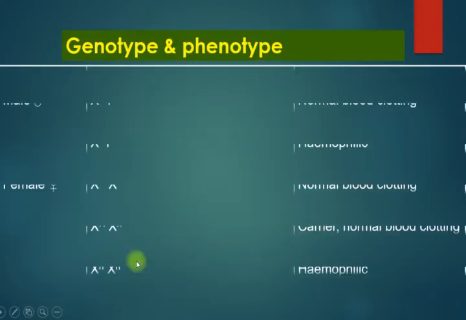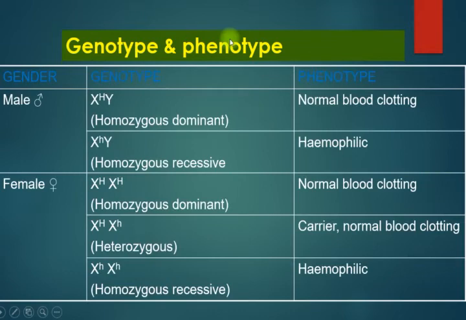Right, so let's go to the genotype and phenotype for the male and female. In hemophilia, for the male, if the genotype is X big H Y, big H refers to the dominant allele, so this is homozygous dominant and the phenotype shown is normal blood clotting.